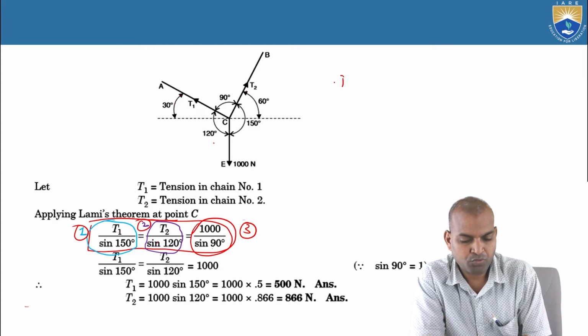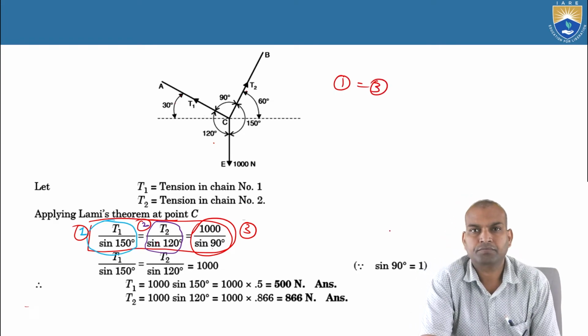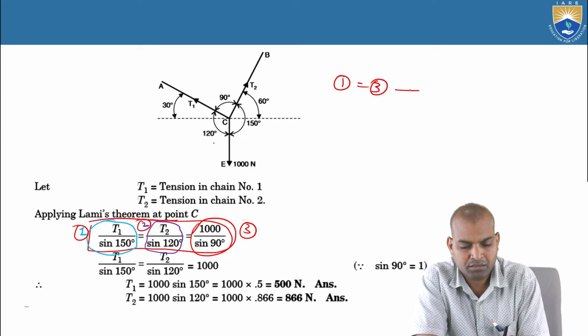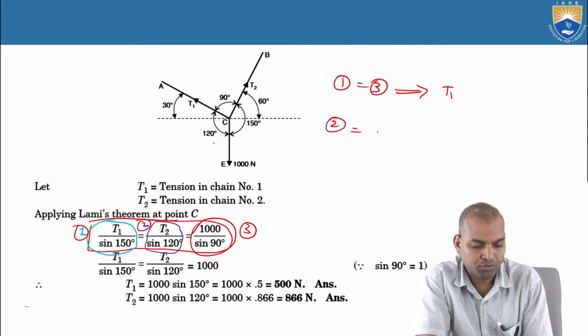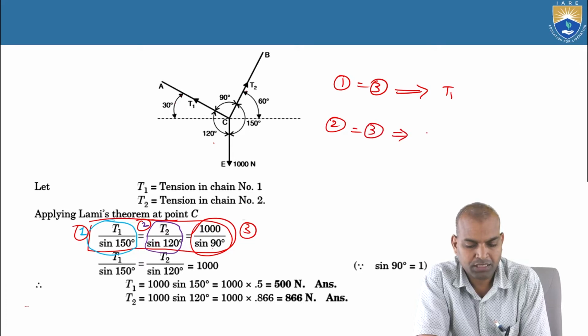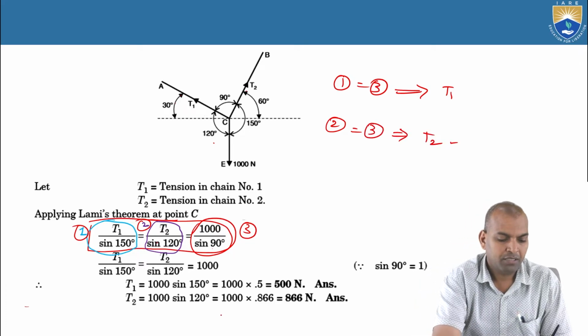Equate part 1 equal to part 3, then T1 comes. Equate part 2 equal to part 3, then T2 will be obtained.